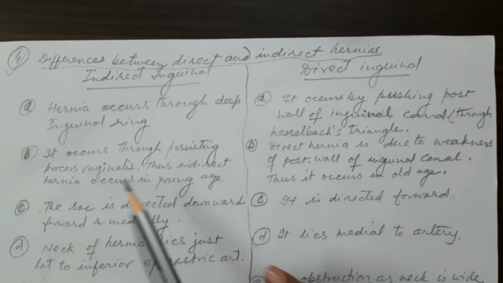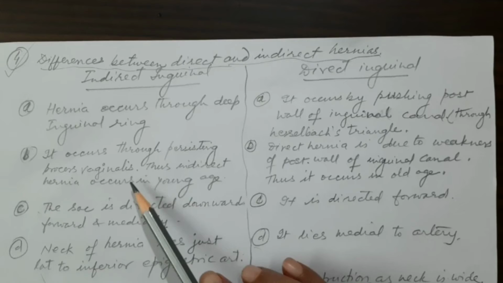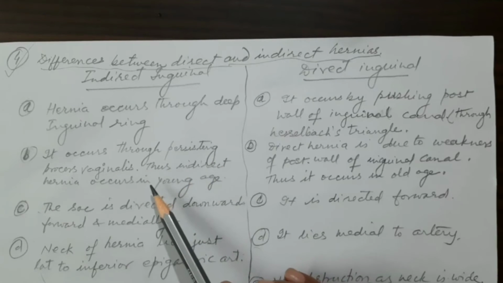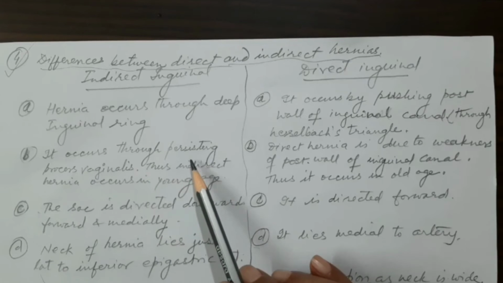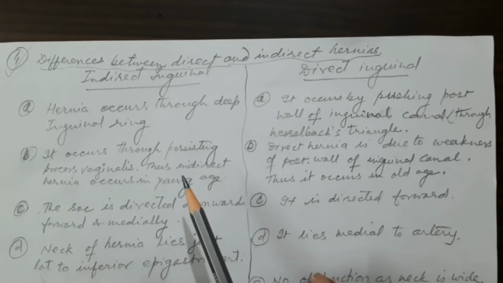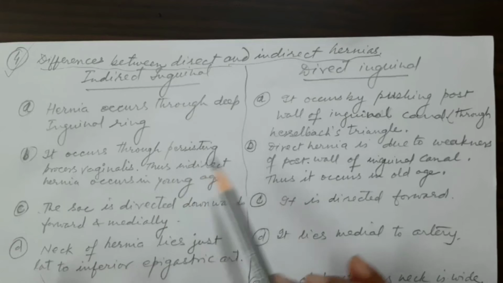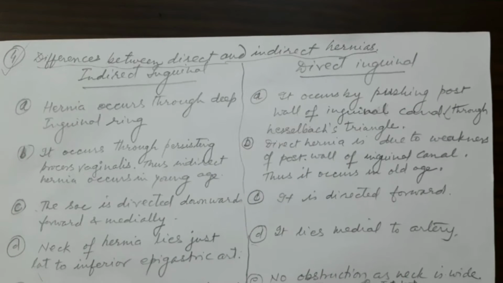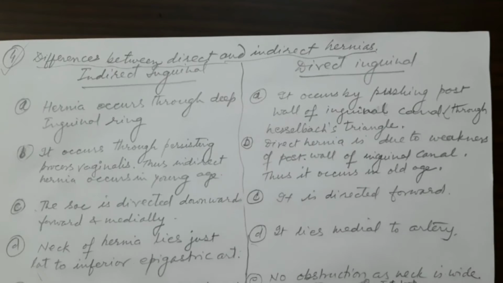If this tubular structure of the peritoneum, the processus vaginalis, persists after birth, then it is an open communication, and through it the loop of intestine can very easily pass.